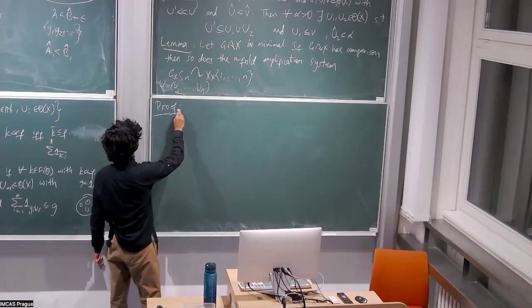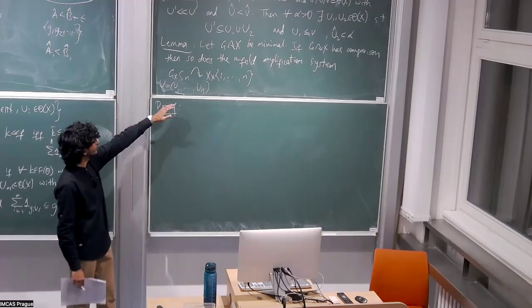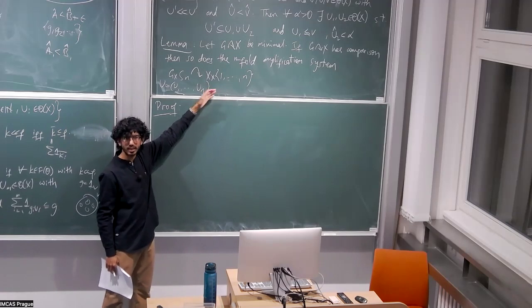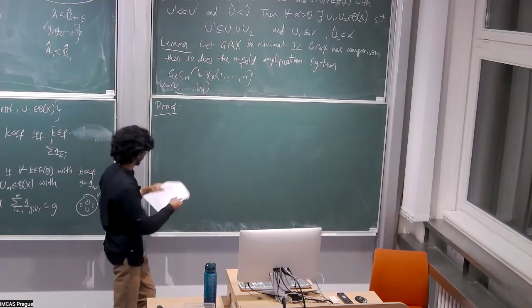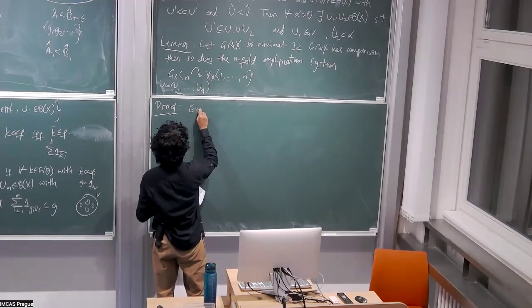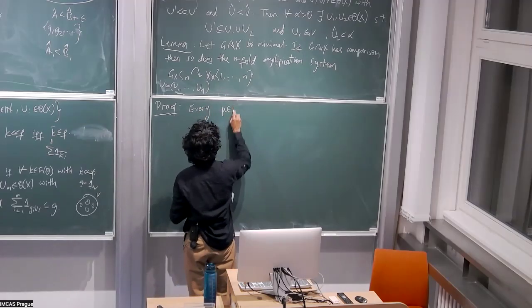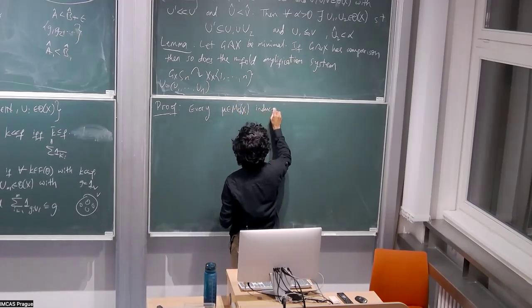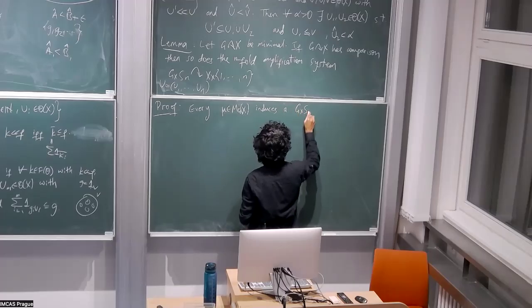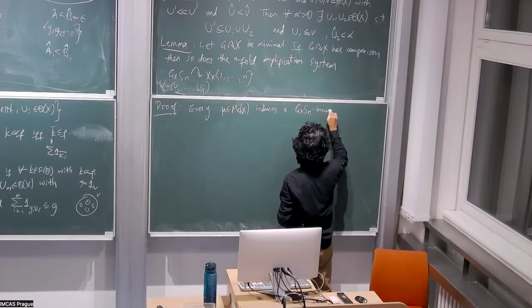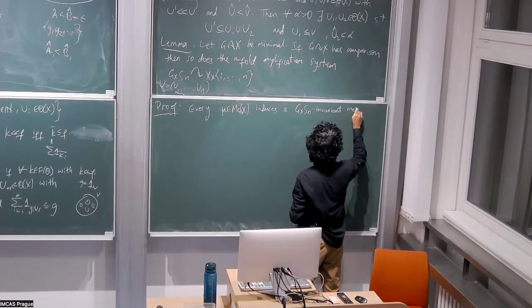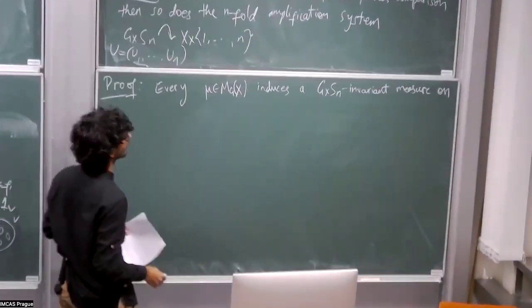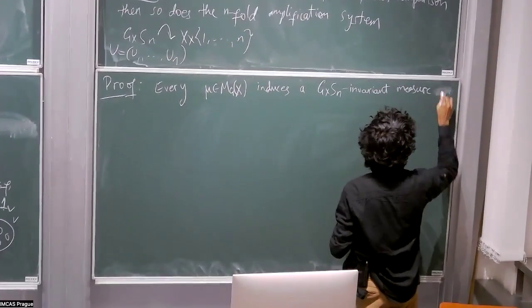Okay, so first of all, every measure on these n copies of X comes from a measure on X. So every mu in the measures of X gives a measure.